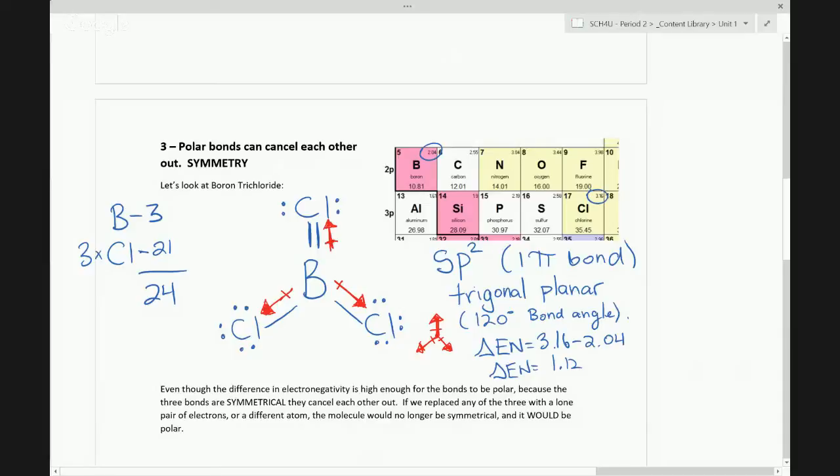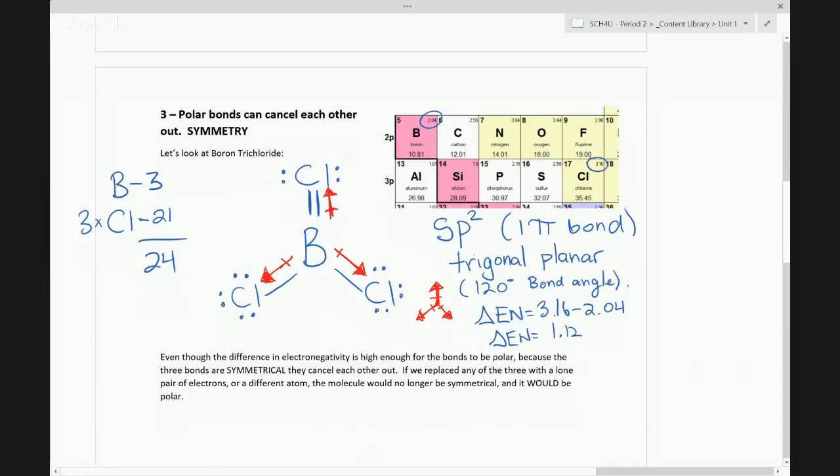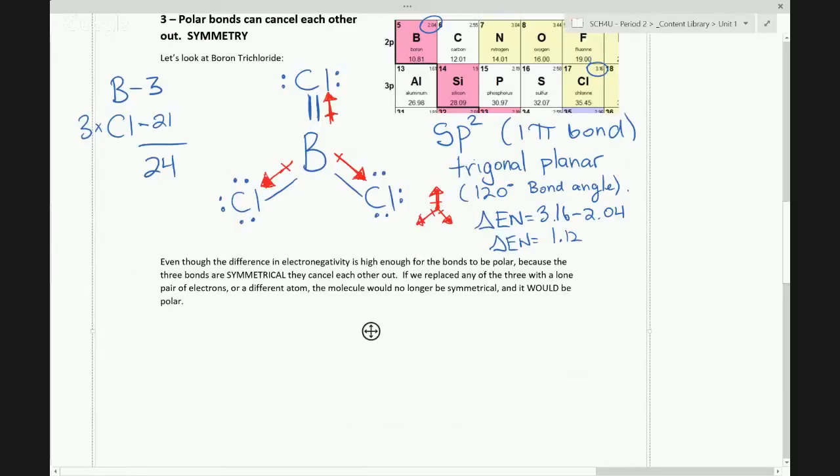These 3 lines cancel each other out. So we say that even though it has 3 polar bonds, this whole thing is not polar, because the dipoles cancel each other out. And that happens because they're symmetrical.